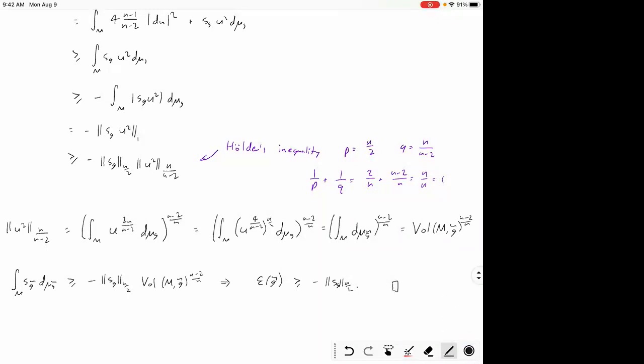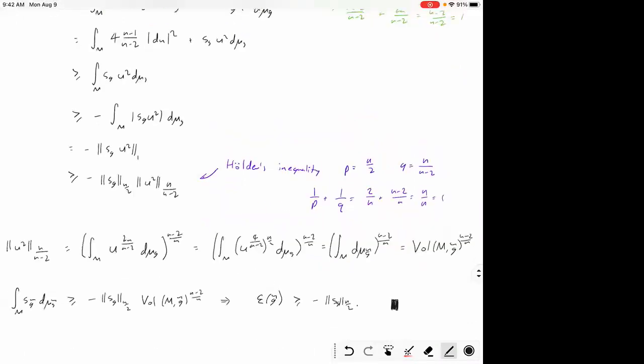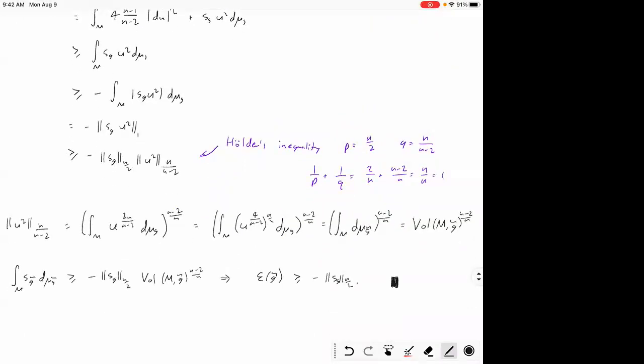So that's the end of the proof. I promise not to do too many proofs, but I thought I'd do that one because, once you know the conformal Laplacian, which is a good thing to know, it is just Holder's inequality. And it's kind of nice that all these exponents work out perfectly.